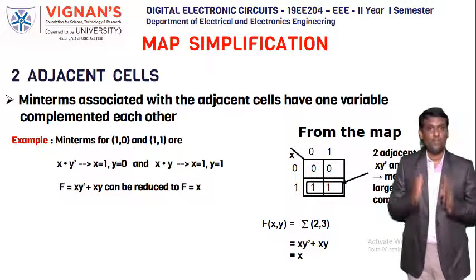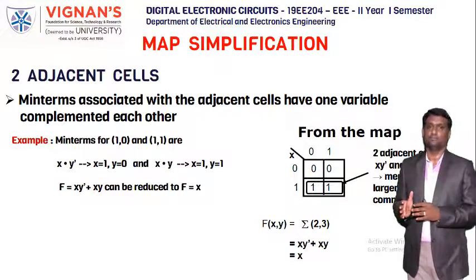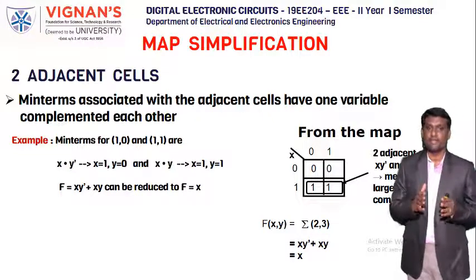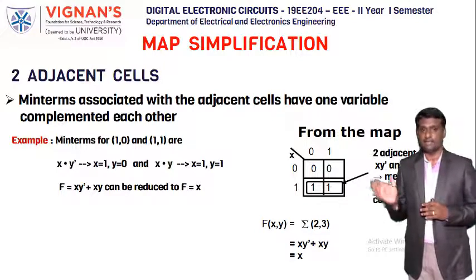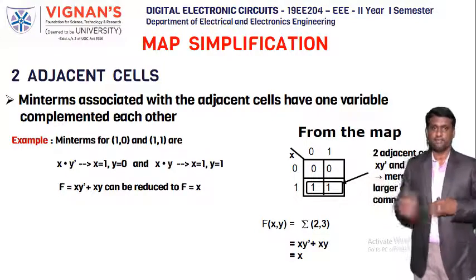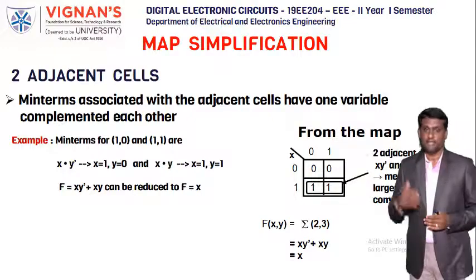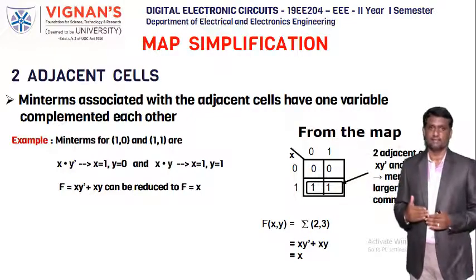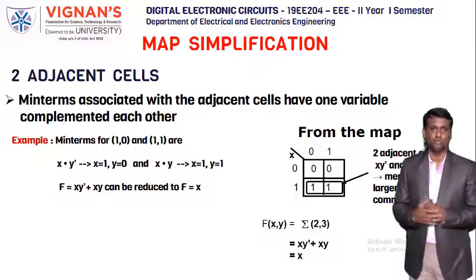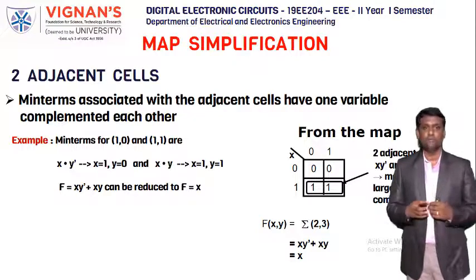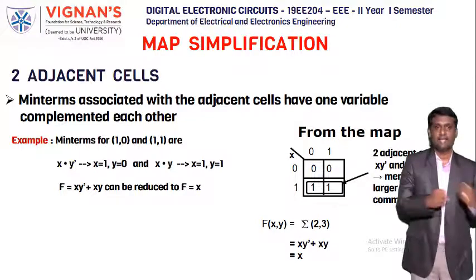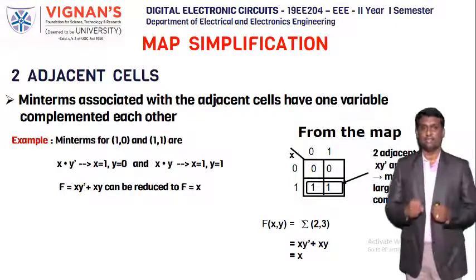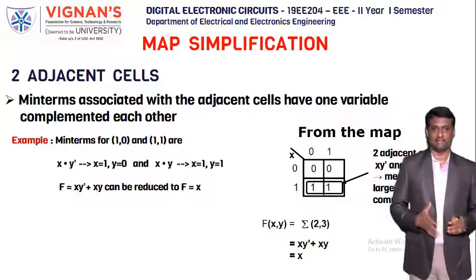But there is a common variable in the column, that is x. Here in this example, x is considered for the columns and y is considered for the rows. The common variable is x. So after merging those, the common variable is considered for the simplified merged cell.